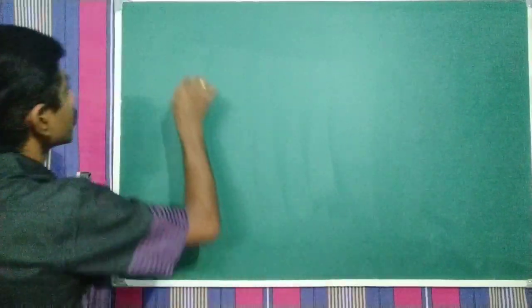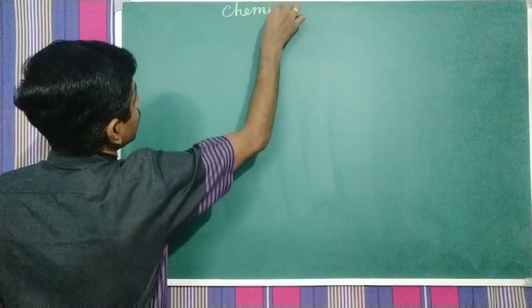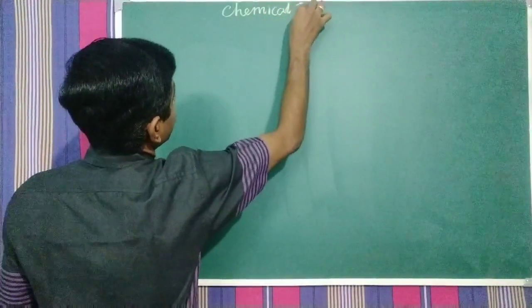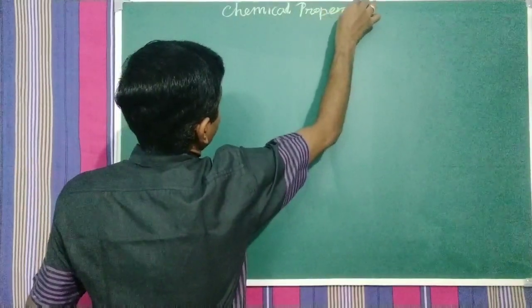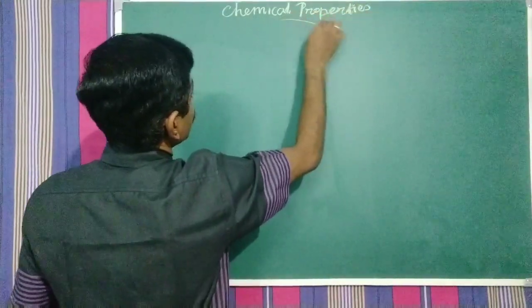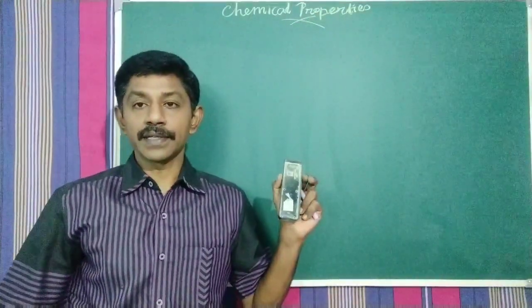Let us learn now the chemical properties of ethers. How do ethers react chemically? Let us divide the chemical properties into two portions. In the first portion we talk about the aliphatic type of ethers.